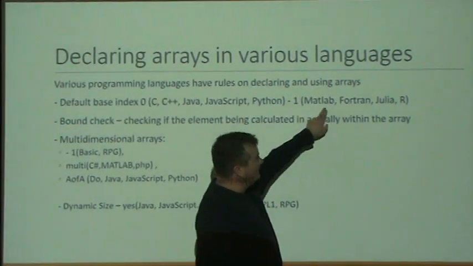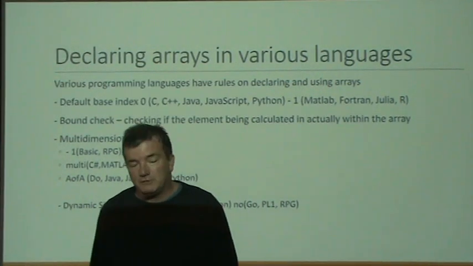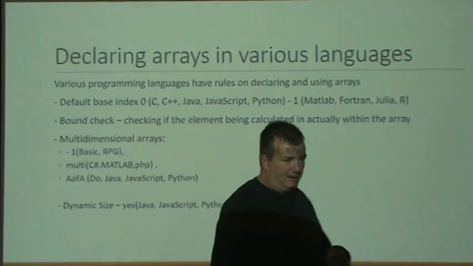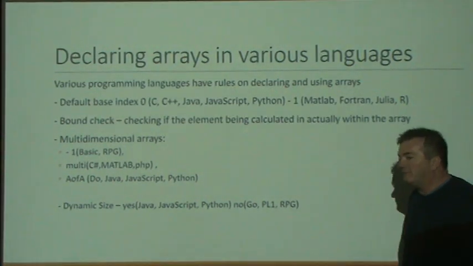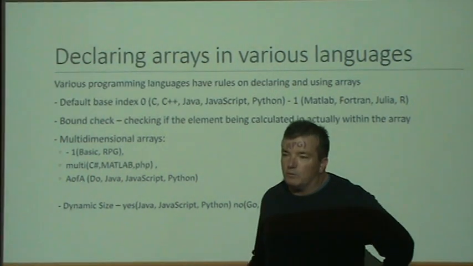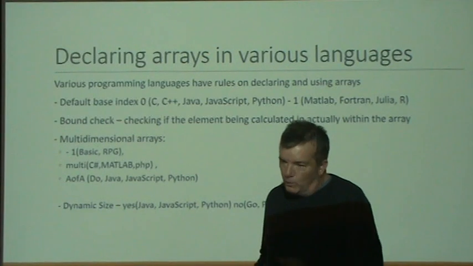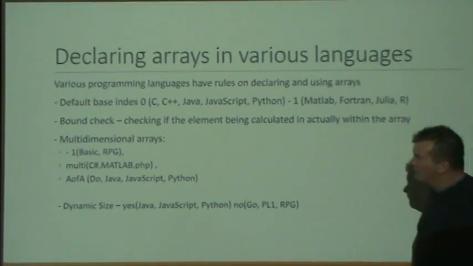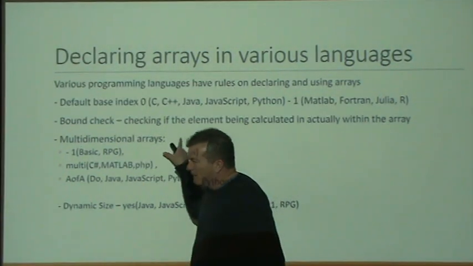In fact, the MAT of MATLAB stands for matrix. They index from 1 to n as opposed to 0 to n minus 1. So now you have to be cognizant of what programming language you're using when you start indexing elements in an array.